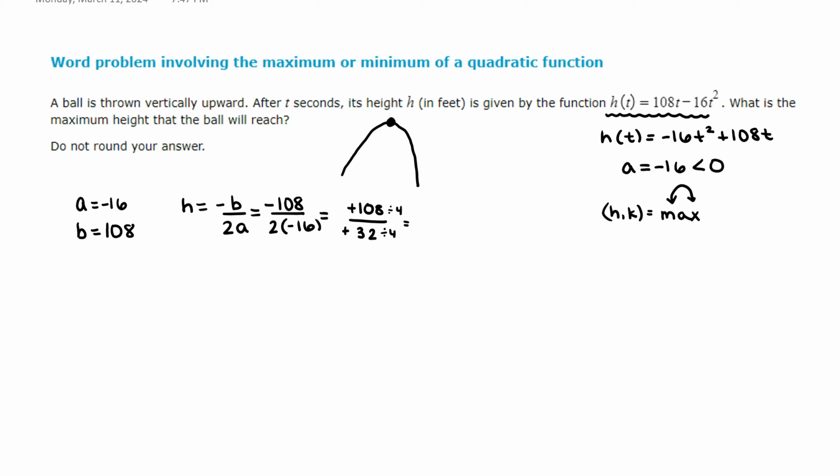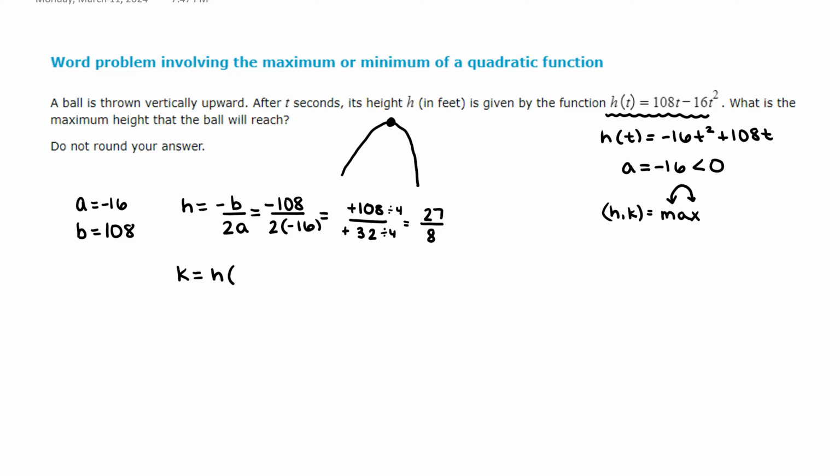So 4 goes into 108 27 times, and 32 divided by 4 is 8. Now 27 is 3 times 3 times 3, 8 is 2 times 2 times 2, so I can't actually simplify that fraction. So the h is 27 over 8.